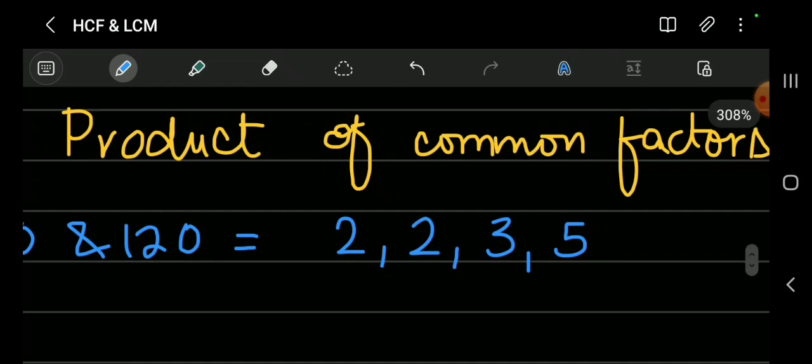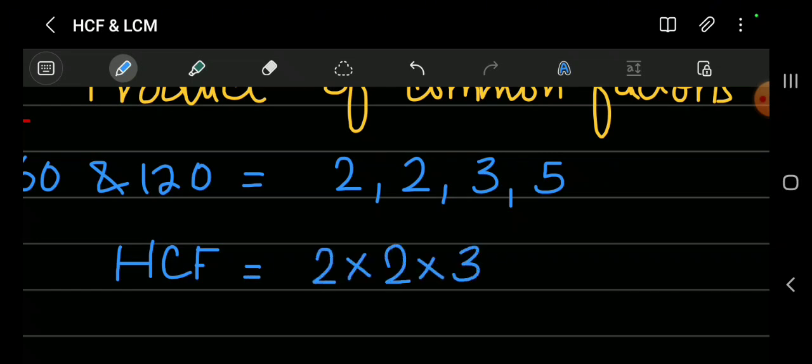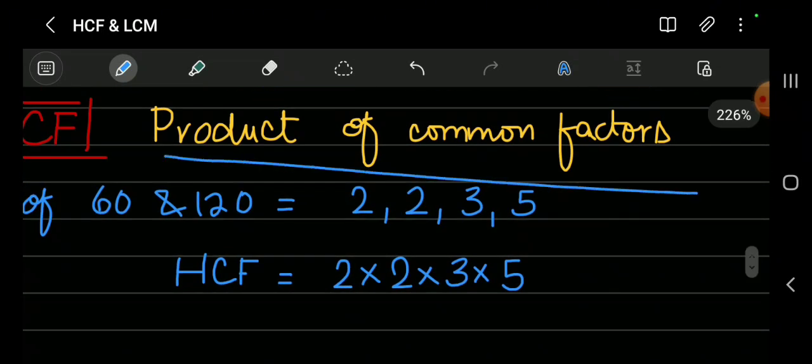So HCF would be, I haven't told you what this abbreviation is of. I'll tell you, just give me one second. Let me complete this, then I'll tell you. HCF, what is HCF? The product of common factors.